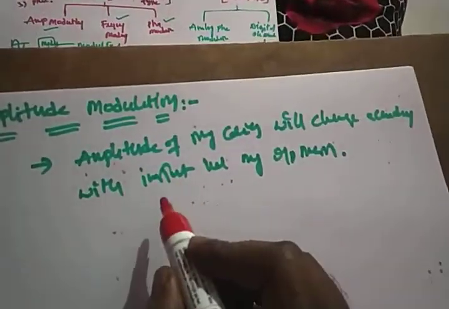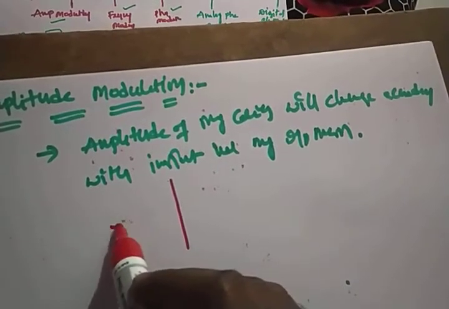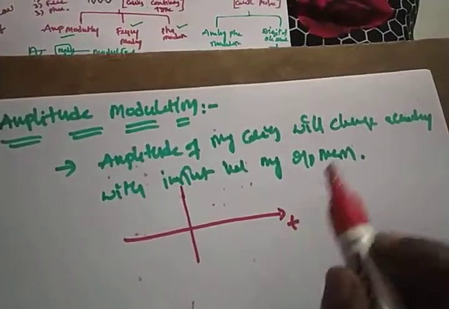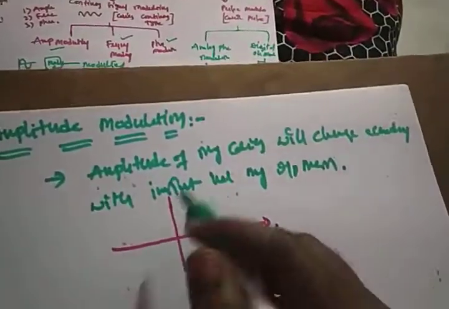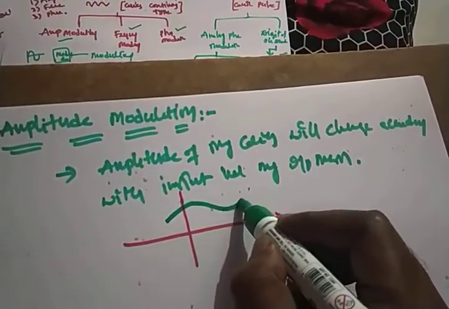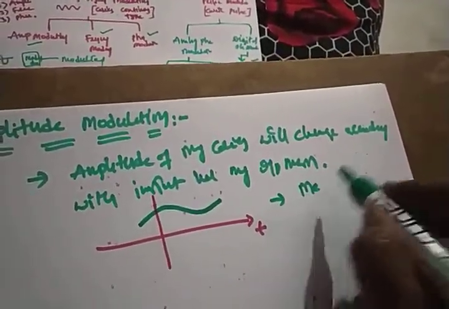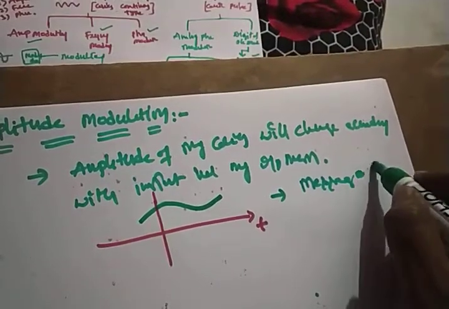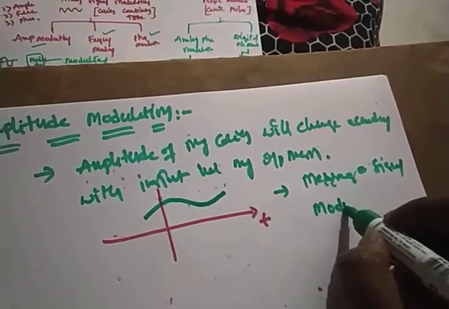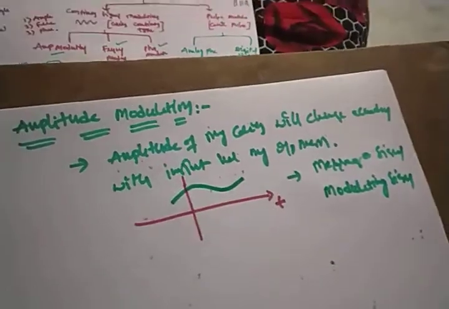See, this is the time axis. This is my message signal. This is called a message signal, which is nothing but the input signal or modulating signal. This is a low frequency signal, right?